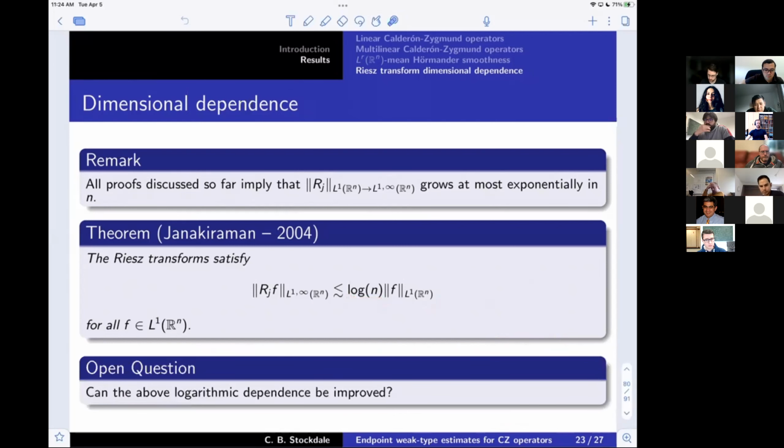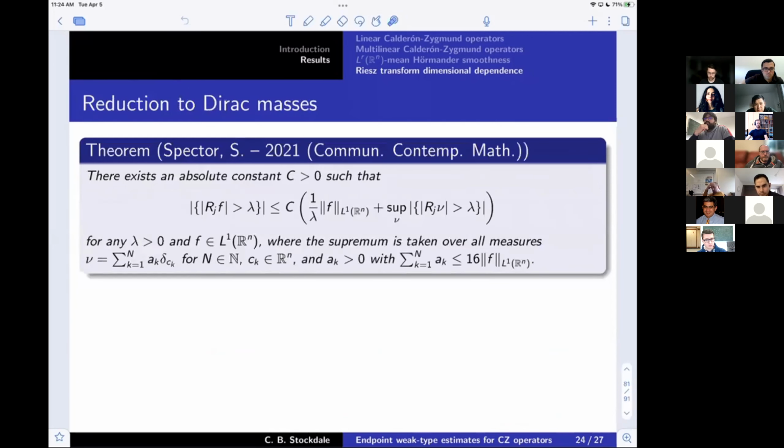So the question is, can this be improved? Well, if you think about this Nazarov-Treil-Volberg inspired proof, what Daniel Spector and I were able to do is run that proof. Well, it's not the same proof. There are many situations where we have to do some variants, kind of similar to what John Ackerman did. But what we can do is give a dimensionless reduction of the problem to studying the Riesz transform applied to Dirac masses.